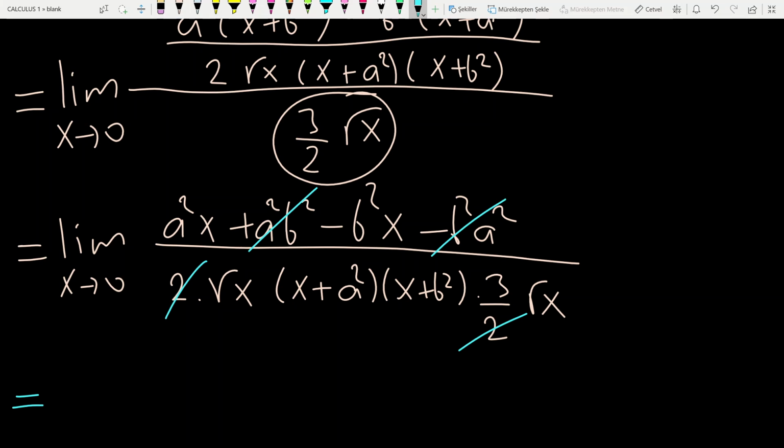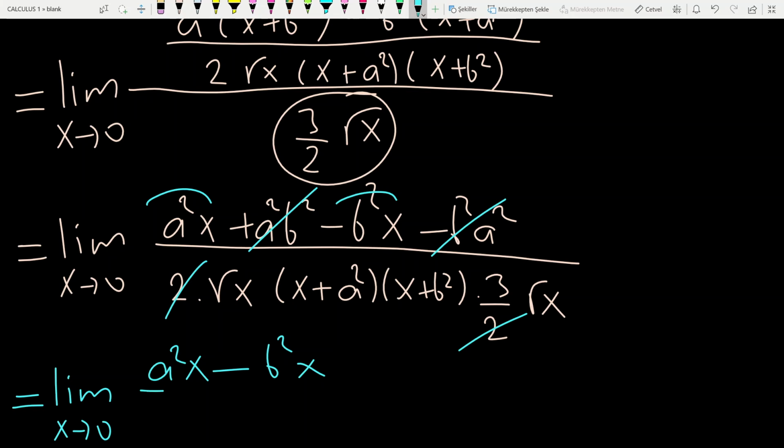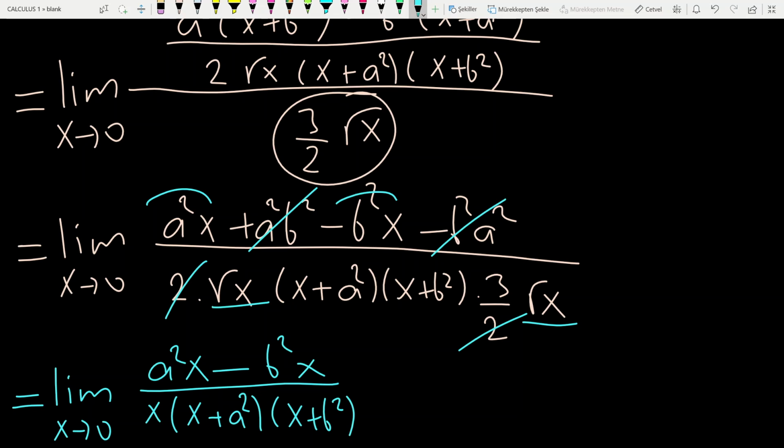Let's continue. Limit x tends to 0. What do we have left? a square x, this one, minus b square x, that one, divided by square root of x times square root of x, which becomes x, times x plus a square times x plus b square, times 3.